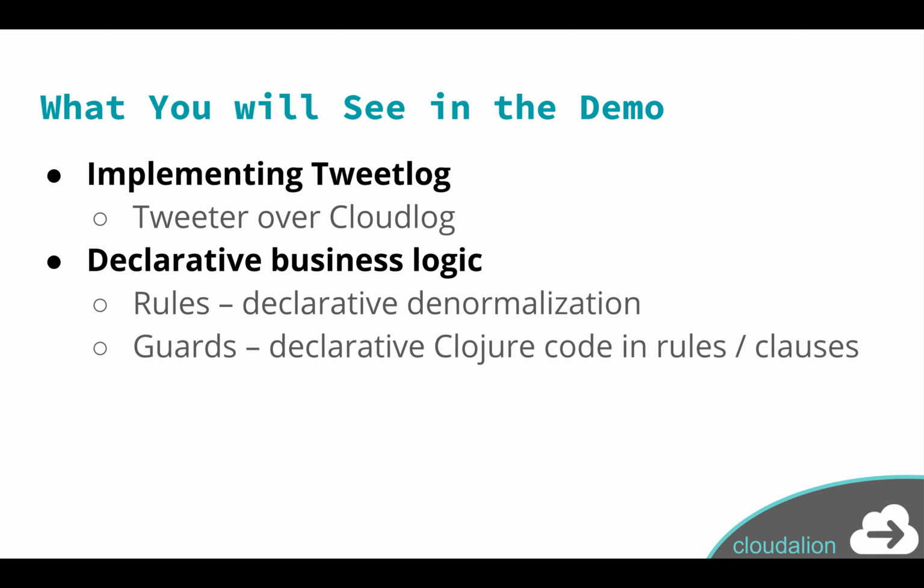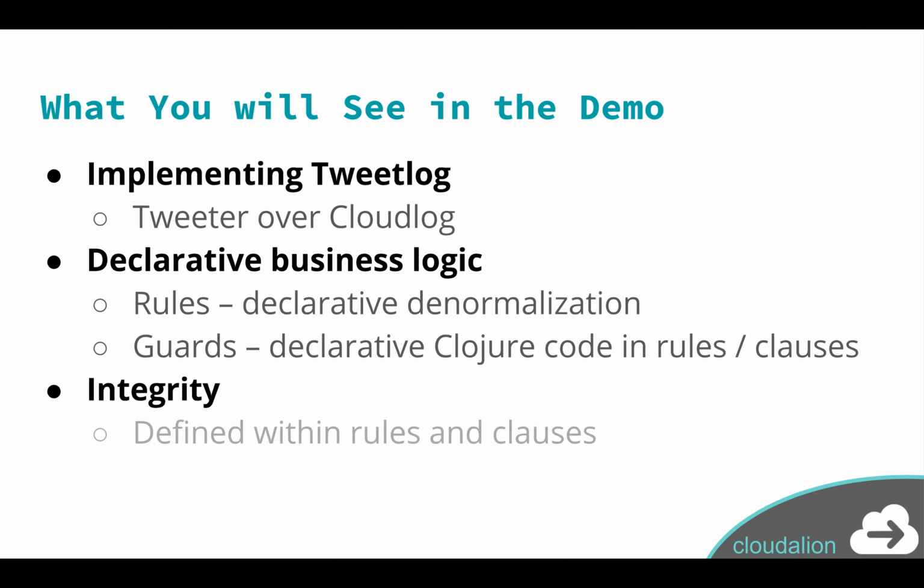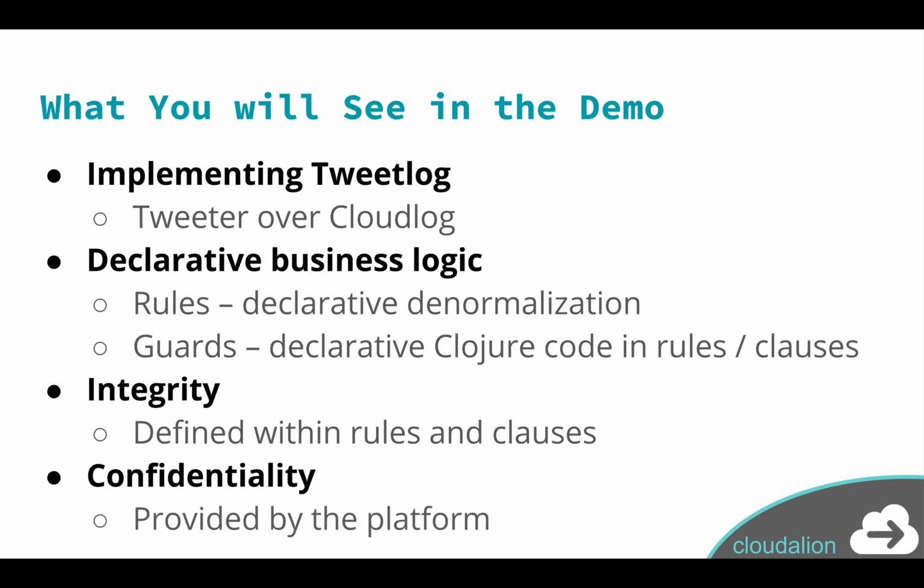And we're going to use guards as a way to harness Clojure's power and to get any logic that we want into rules and clauses. We're going to handle integrity explicitly inside our business logic, and we're going to see how confidentiality is provided by the platform without us, the application providers, having anything to do with it.